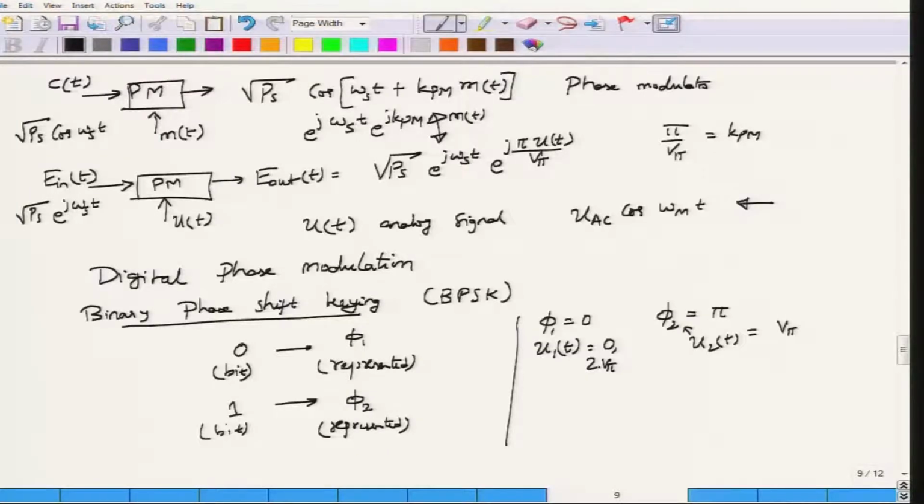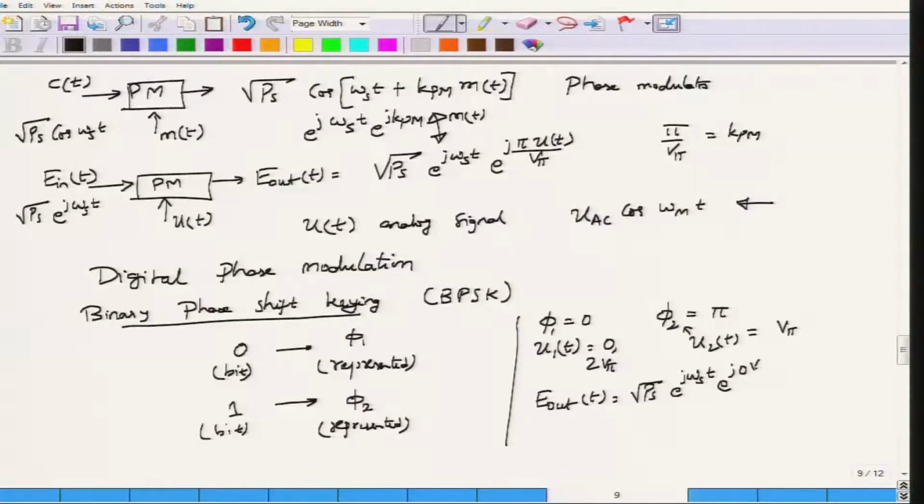So, if I alternate between 2 v pi and v pi, I am changing the phase of the laser light, that is laser light which is given as the input to the optical phase modulator. I am changing the phase of that light wave to go between 0 to pi. Let us look at this. Well, the output electric field here would be square root Ps e to the power j omega st and then e to the power j 0 or j 2 v pi.